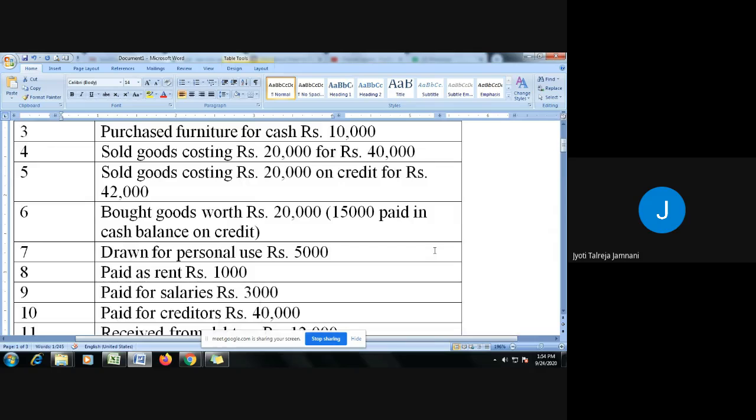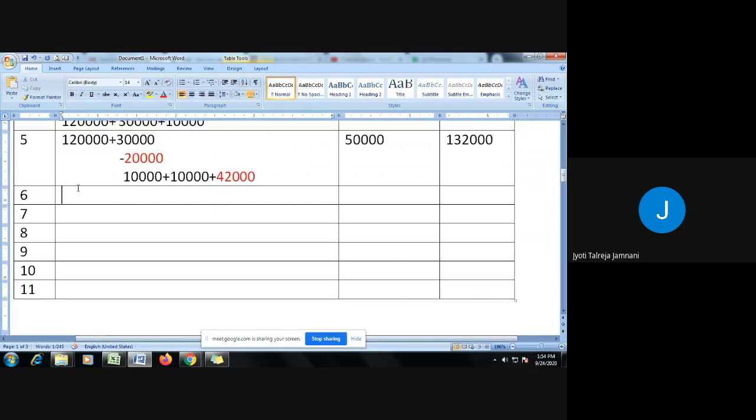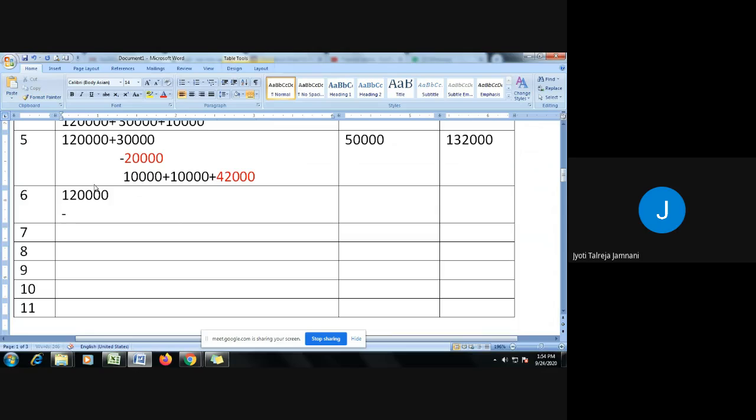Okay, the next one, the sixth: bought goods worth rupees 20,000, 15,000 paid in cash, balance on credit. So now we buy goods of rupees 20,000, and how are we making the payment? 15,000 we have paid and 5,000 we will pay later. So from cash of 1,20,000, we will pay 15,000.